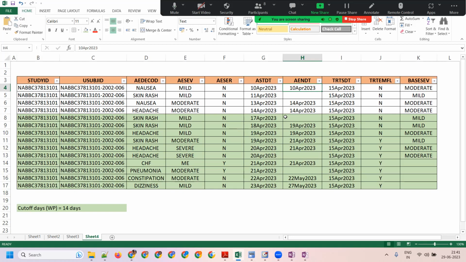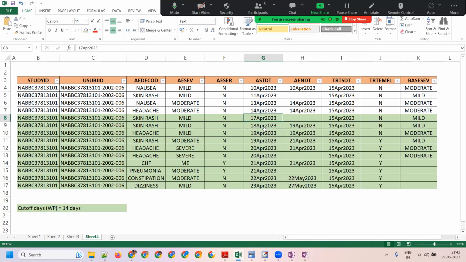Okay. See this particular one, 23rd April. Let's say I'm going with the last one. First go with this 18th April. The adverse event ended on the immediate next day. I don't mind because of the 14 days. Let's talk like this: each date plus 14 days is the window that I need to consider. Yes or no?